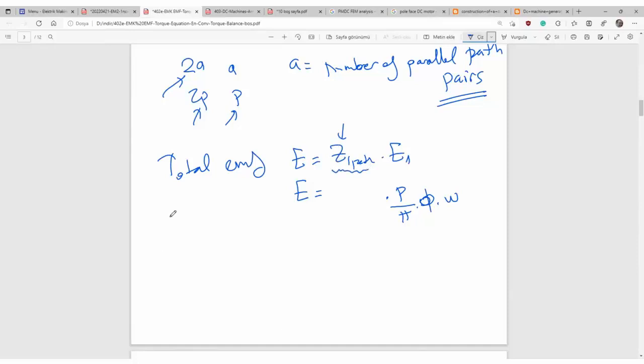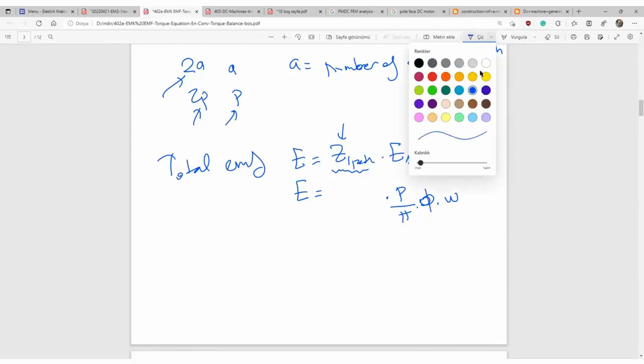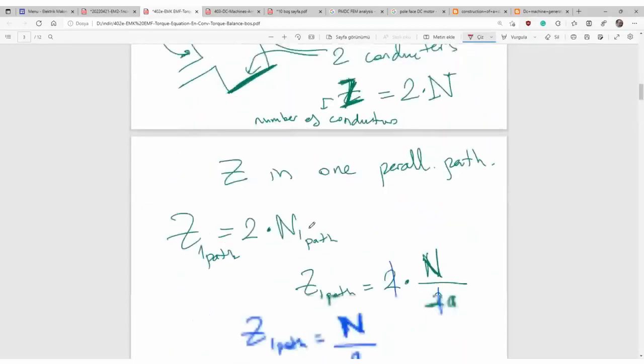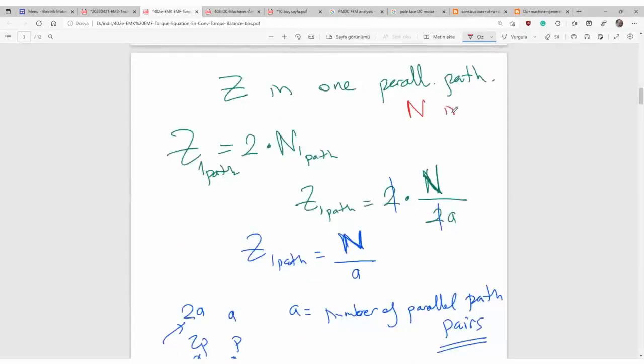So, let me summarize it in a cleaner way. Z one path is equal to Z total over double A, Z over double A. I go a little bit further. N is not necessary. I made a mistake.